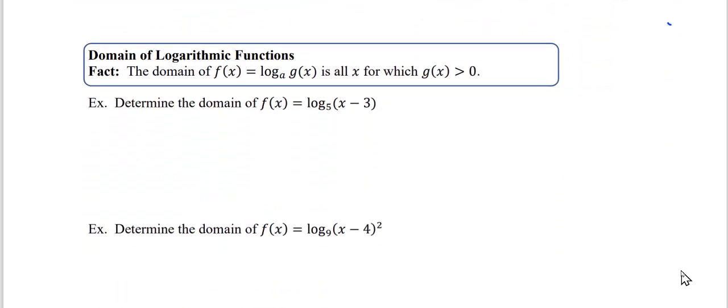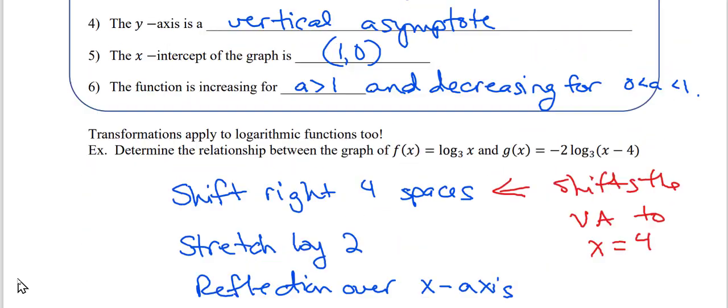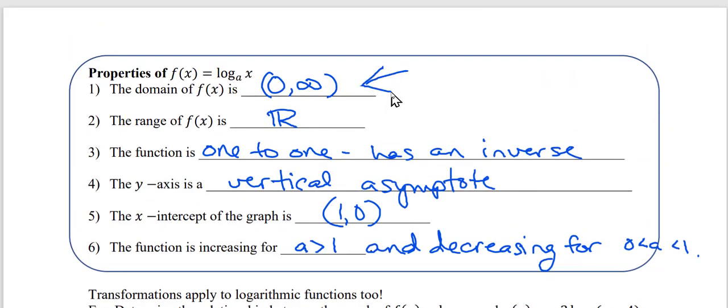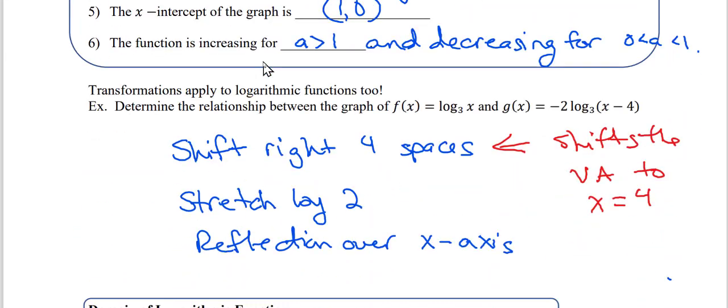All right, domain of a log, very, very important. Thus far, with polynomials, the domain is all real numbers. Rational functions, you can't have 0 in the denominator. Square roots, you can't have a negative inside those. Exponential functions, the domain was all real numbers. Here, we have to make a restriction on the domain of logarithmic functions. When you start making shifts and transformations, things start to change.